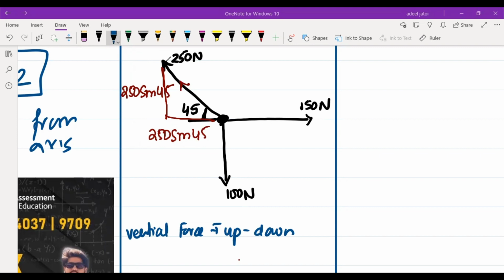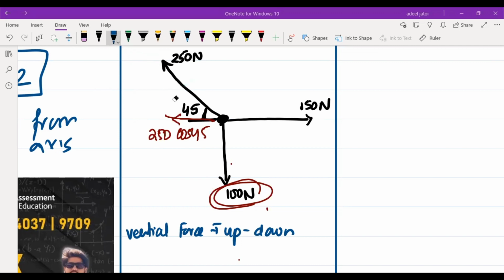We need to have horizontal or vertical. So this should be 250 cos 45. This will move toward left, whereas this will move upward. So we have one downward force and the other one is the upward force here.